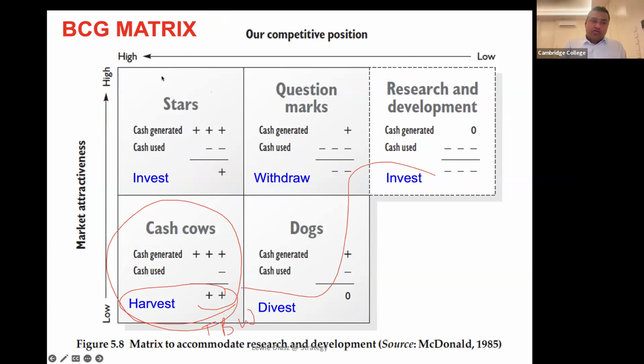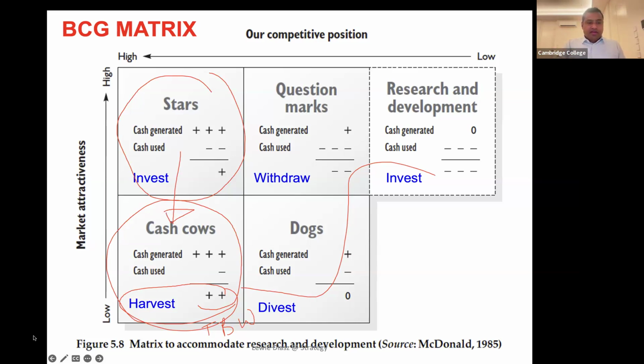Right? Tomorrow's breadwinners are these. Why? Because at some point, these guys are going to come here and you can milk them. So if you have a combination of today's breadwinners and tomorrow's breadwinners in your product portfolio, then you are guaranteed success today and in the future.